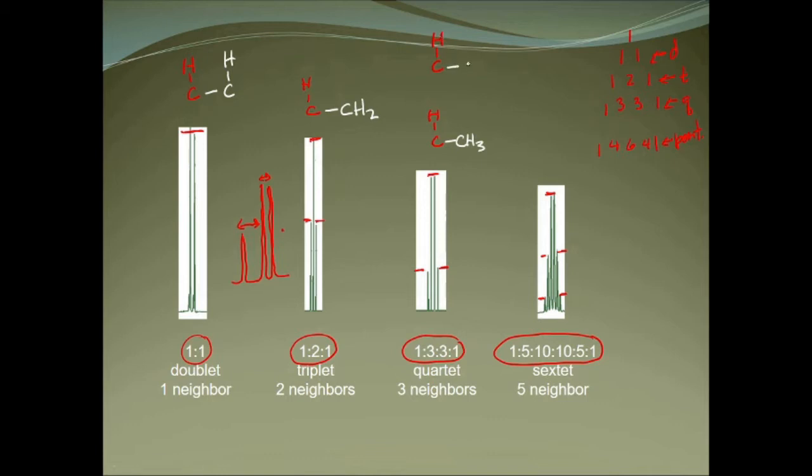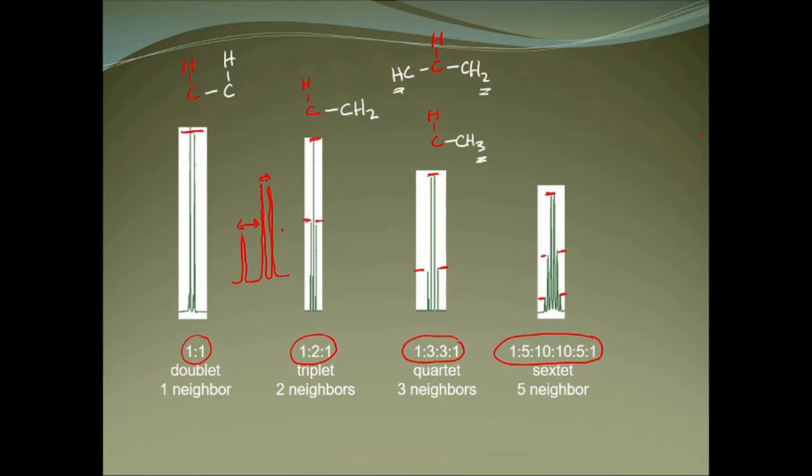So we could have a CH2 and a CH both bonded to that carbon. And so we still have three neighbors. Here we have three that are all on the same carbon. Here we have three that are spread out between two carbons. But it's still three neighbors, and therefore it would give a quartet.